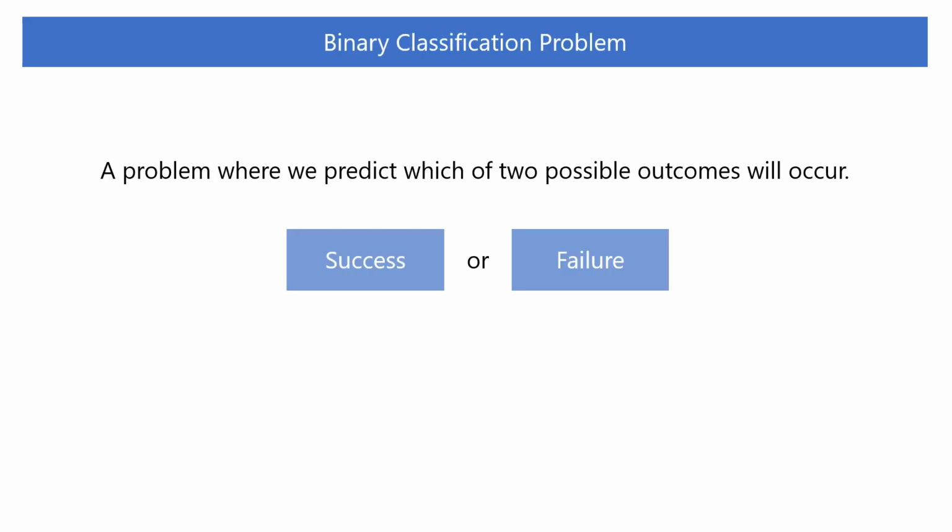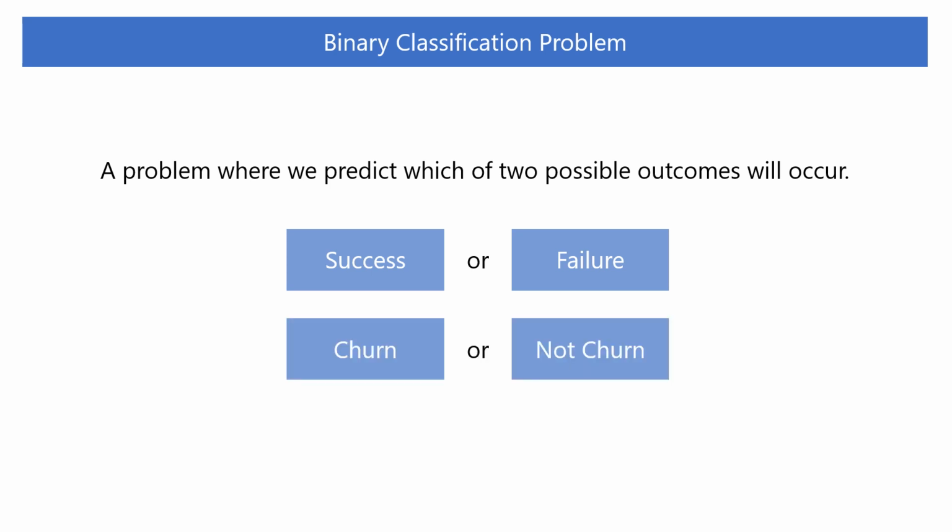Let's consider the meaning of z using a case of binary classification problem. In predictive analytics, we can predict whether the outcome will be success or failure. In a case of employee churn prediction, we can predict whether the outcome will be churn or not churn.